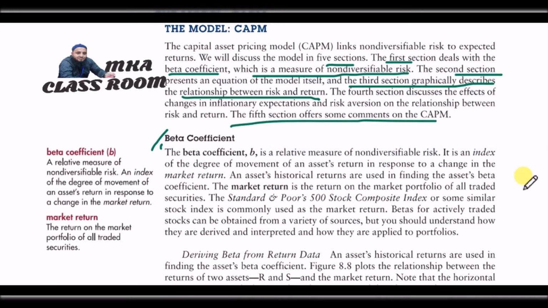So it is clear that it is a relative measure of non-diversifiable risks, an index of the degree of movement of an asset's return in response to a change in the market return.